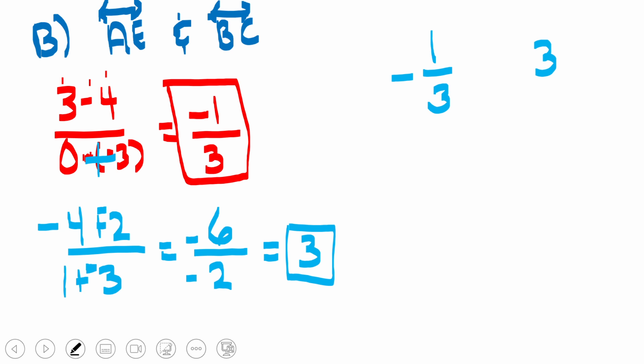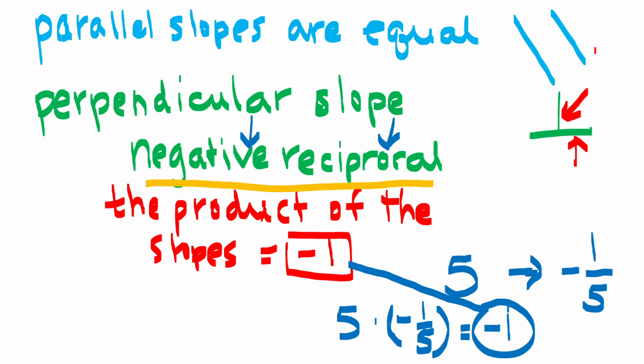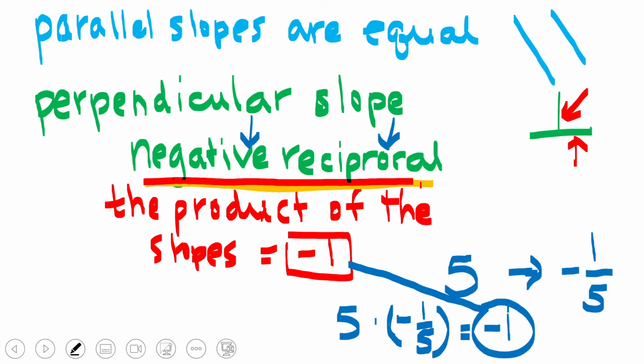First of all, is 3 the reciprocal of 1/3? Yes. Is 3 the negative reciprocal of 1/3? Yes. If we multiply these together and we say negative 1/3 times 3, the 3's cancel and we have negative 1. The product of the two slopes is negative 1. They are negative reciprocals of each other. We talked about that here.